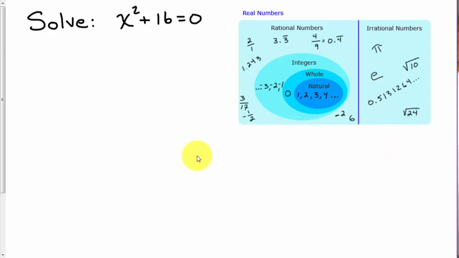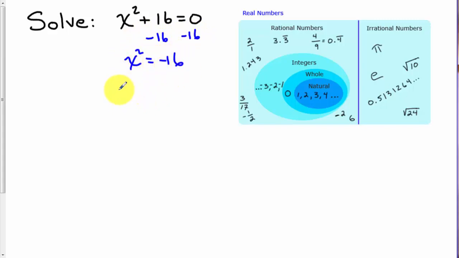Now, these numbers were motivated by solving, say, a quadratic equation like we have here. If you remember, to solve a simple quadratic equation like this, we could subtract 16 from both sides and solve using square roots.